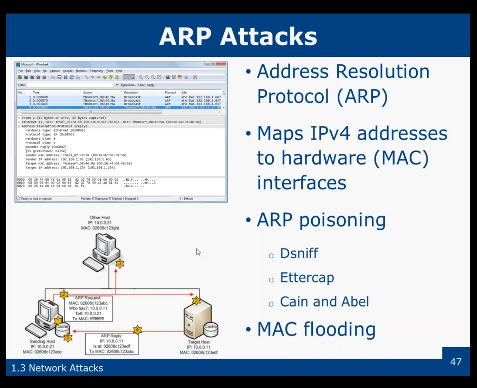When the MAC table gets full and can't take any more, it gets overwhelmed with MAC addresses, usually random MAC addresses, and macof is one of the tools that will do that, flooding the MAC table.